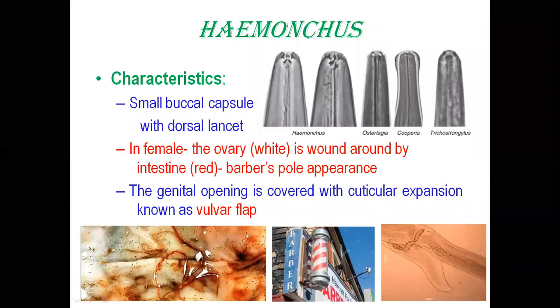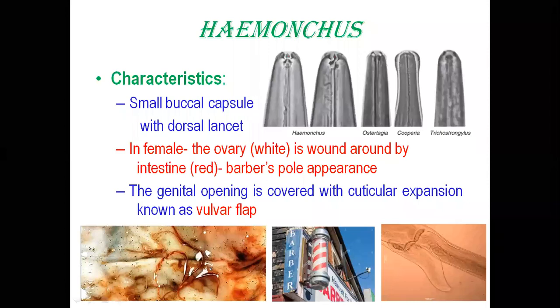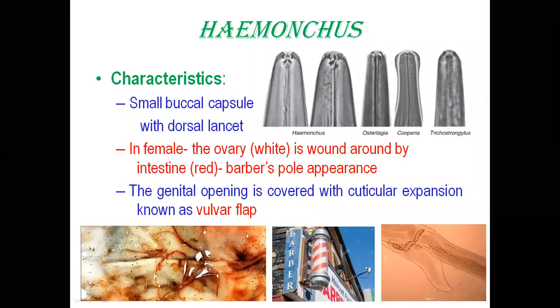If they are bloodsuckers, naturally their intestines will be reddish in color. This is known as barber pole appearance, and you can see it in the picture also. This is the red intestine, and this is the white ovaries. Of course, this is a worm. The parasite looks like a barber pole, that's why it is commonly known as barber pole worm.